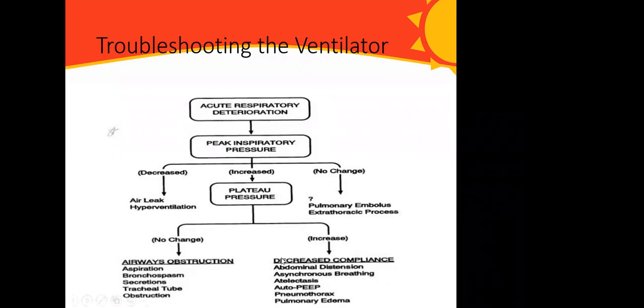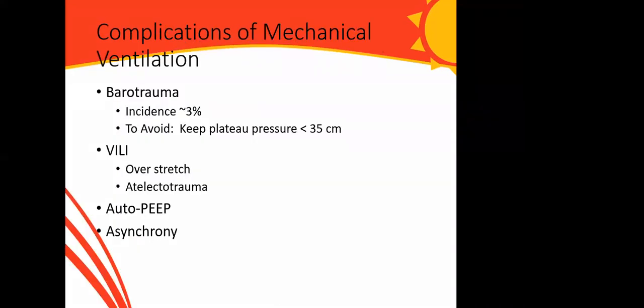Now, if there's no change in your peak inspiratory pressure, maybe the patient has thrown an embolus that is blocking a major pulmonary vessel, or you look for extrathoracic causes of the respiratory deterioration. So you must learn how to troubleshoot your ventilator when your patient is on it.